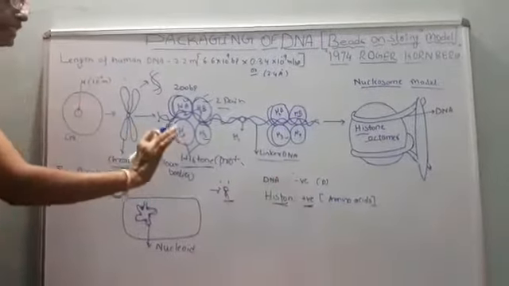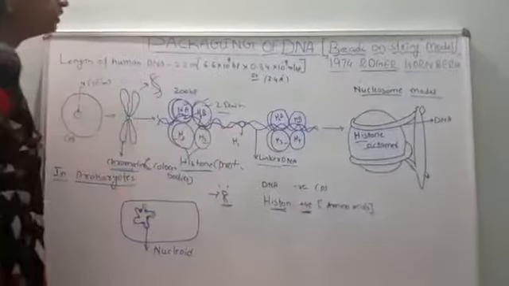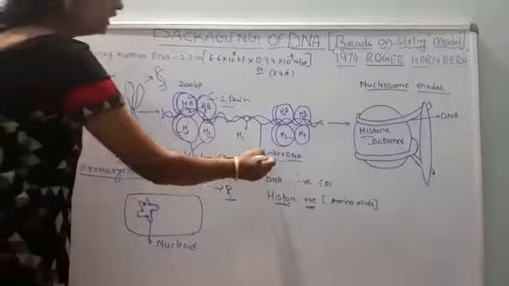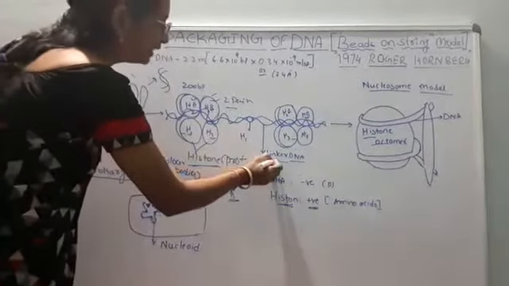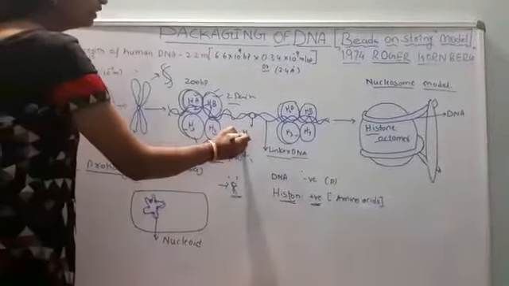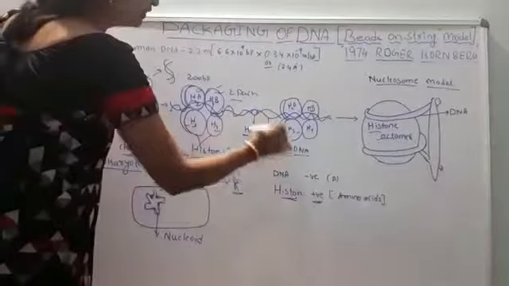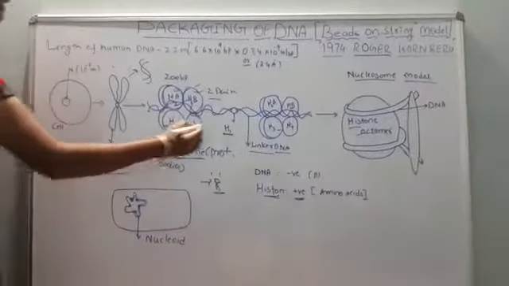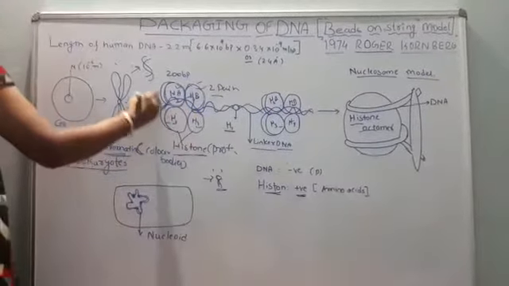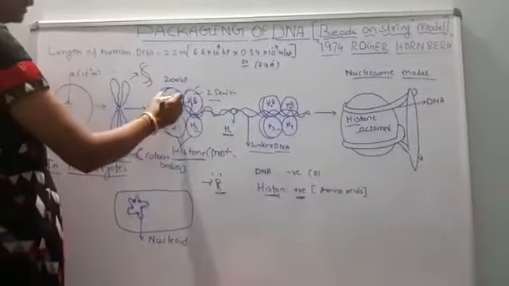Linker DNA is the DNA which connects two adjacent nucleosomes, and this linker DNA is associated with the histone known as H1. So H1 is the histone associated with the linker DNA, and the DNA which is wrapped over the nucleosome is known as wrapper DNA.